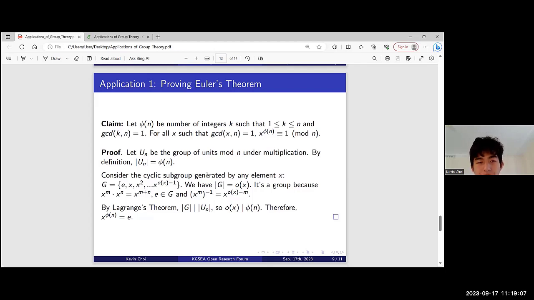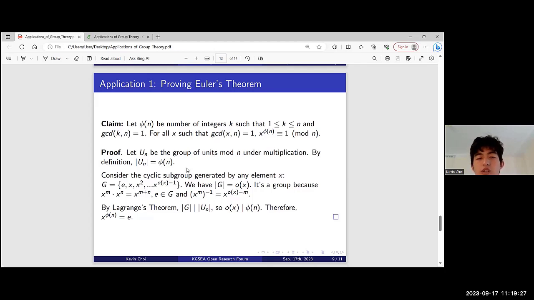And here, by definition, the magnitude of U_n is phi(n), because the group of units means all the numbers that also have to be coprime to n as well.